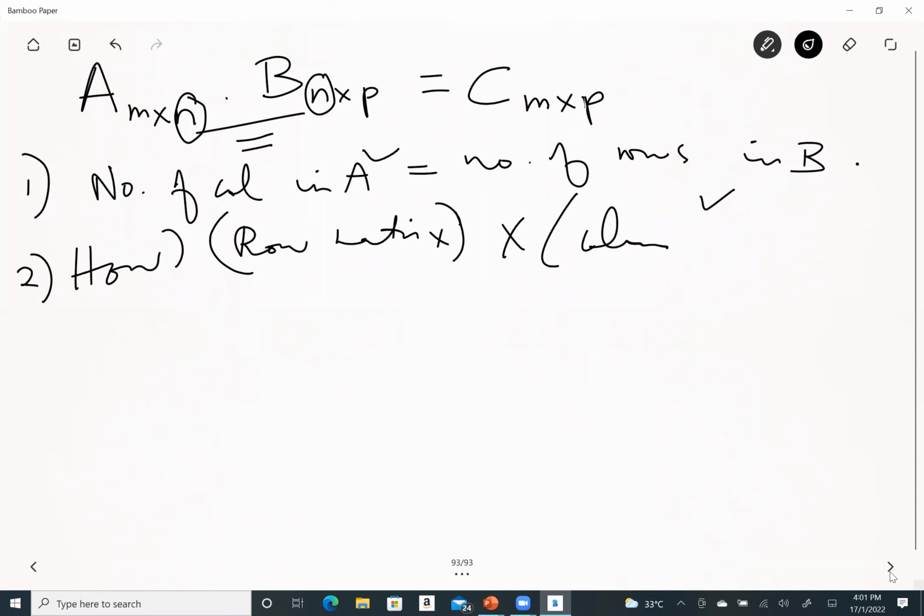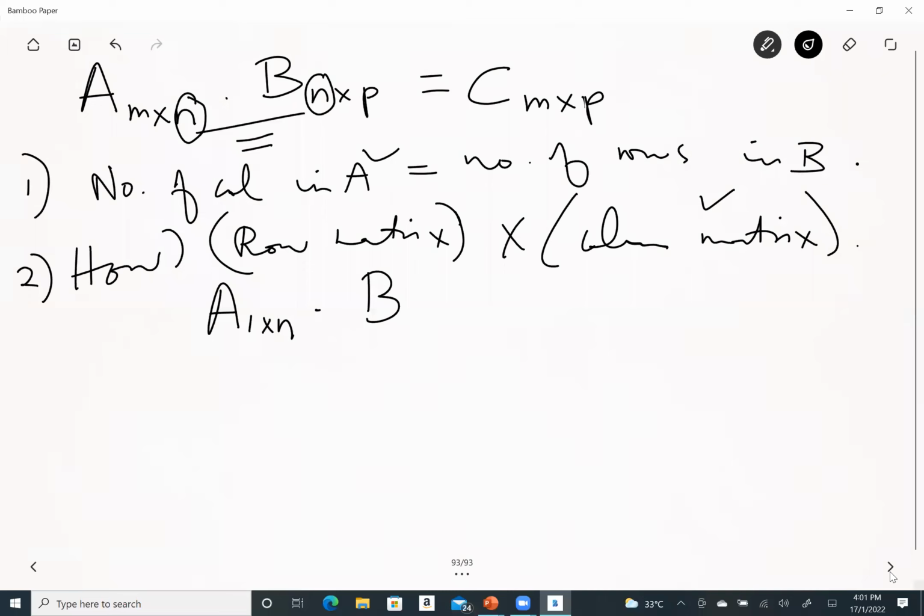So that is the basis of multiplication. Now, what is a row matrix? Row matrix is one row, 1 by n. All right. Now you multiply to a matrix B, column matrix. Column matrix, 1 column.